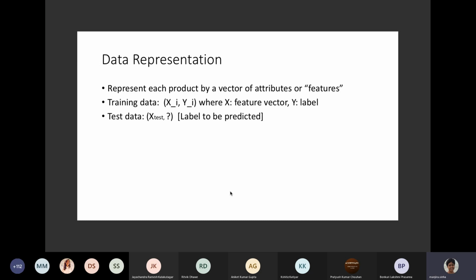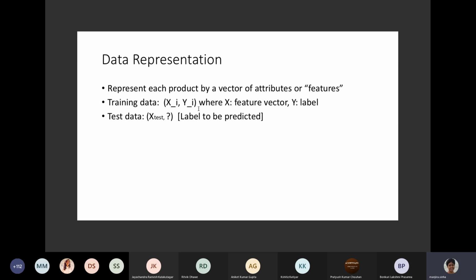Now when we talk about similarity representation, in machine learning terms, how do we calculate similarity between two products, or products meaning two data points, right? We have all read about the features in the earlier classes, if I am right. So what we do, we represent each product by a vector of attributes or features.